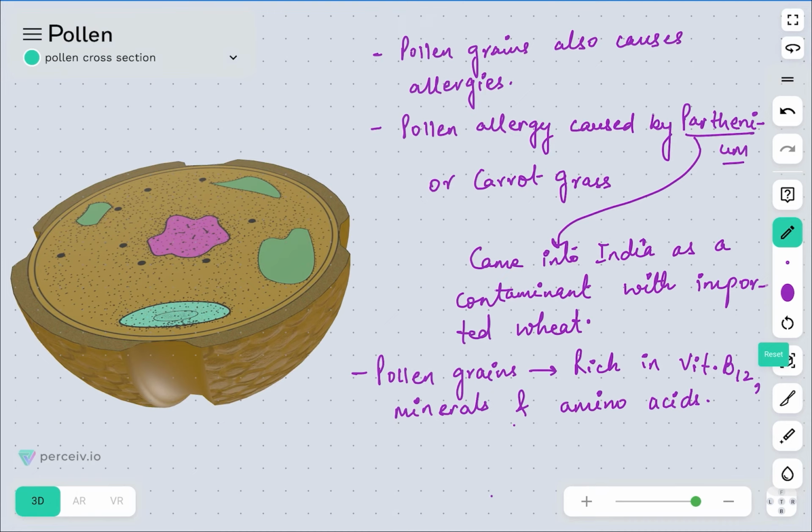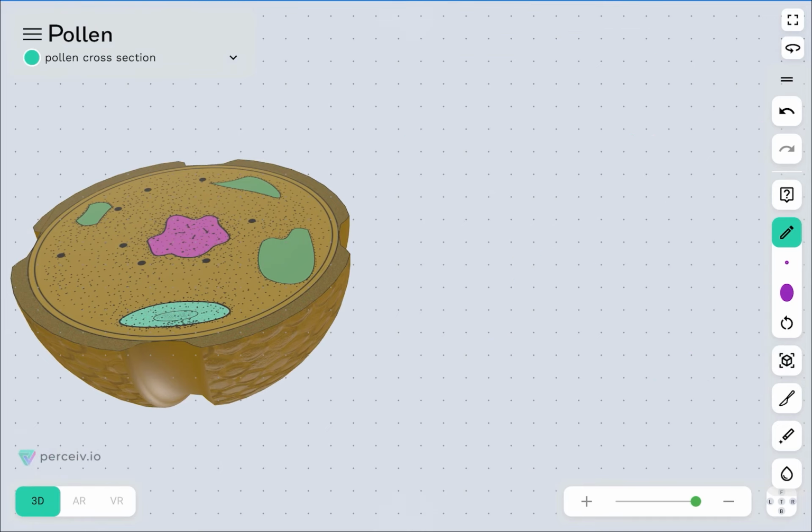Now another speciality about pollen grains is that they are also stored, at a temperature of minus 196 degrees Celsius, that means in liquid nitrogen. For further studies or for crop breeding programs in which the pollen grains of a particular plant species have to be used, these pollen grains are stored, and the stored pollen grains can ultimately be used.